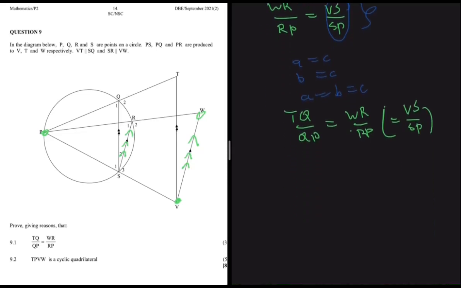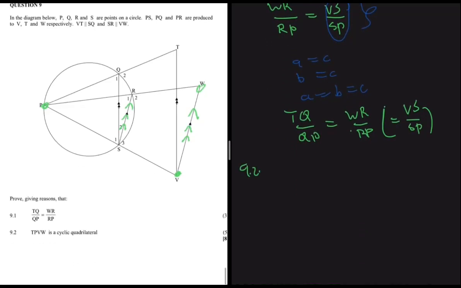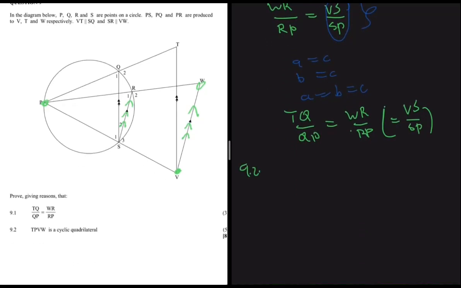Let's move to 9.2. 9.2 says, let's prove, giving reasons, why TPVW is a cyclic quadrilateral, right? So let's look at TPVW.